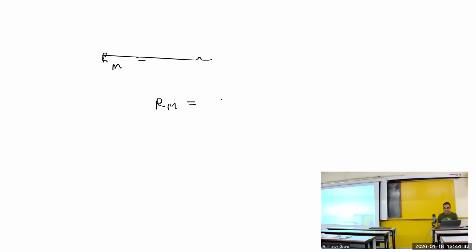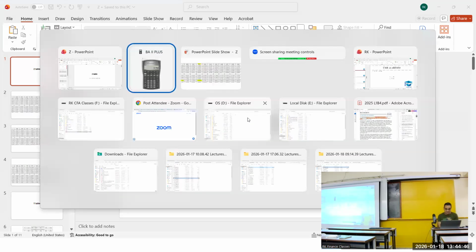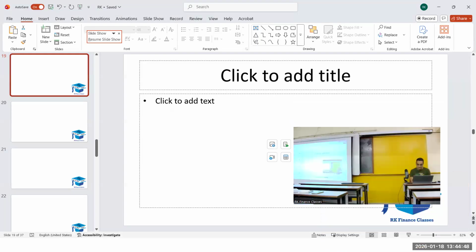I don't know क्या हो रहा है वो. So returns of market is equal to 7 minus 2 into interest rates.